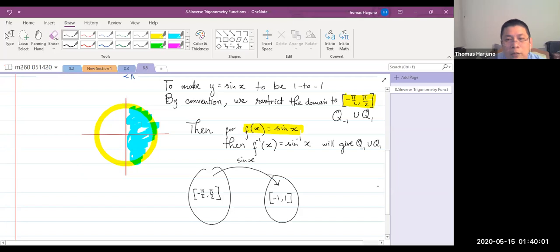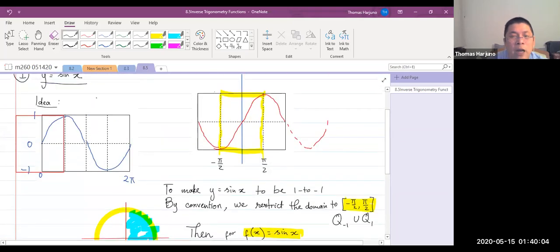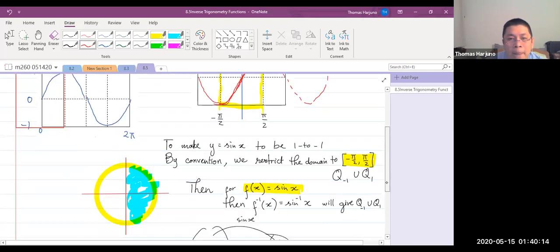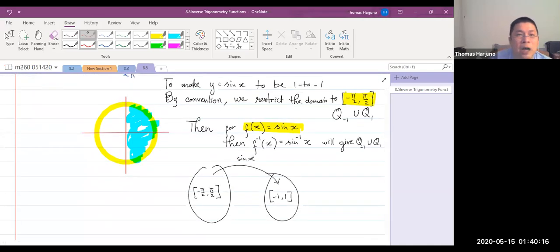Is that right? The range of the sine function, even in this restricted domain, is from negative 1 to 1. Agree? Now sine inverse actually sends it back. That's the sine inverse function. It will send it back to quadrant negative 1 and quadrant 1.